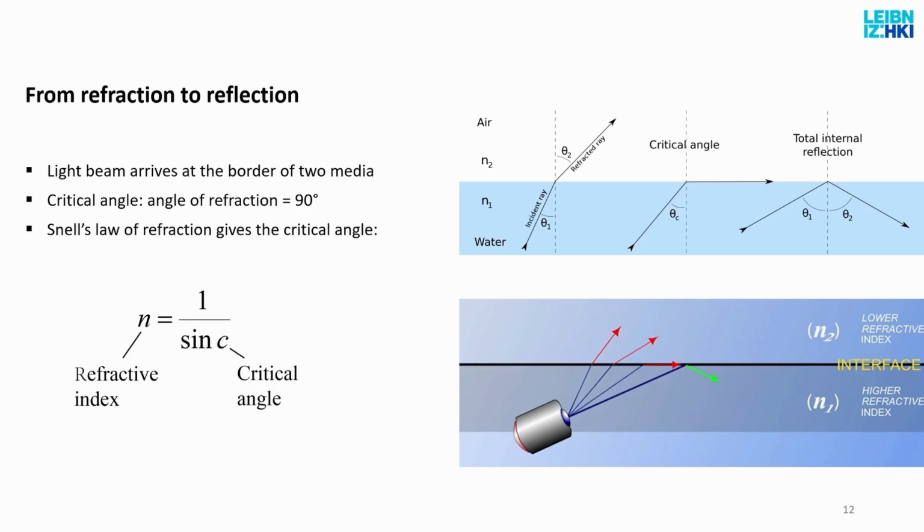But before we go there, one consequence I wanted to call your attention to is that when the light exits a higher refractive index material, which we can call optically more dense, because the n is above 1, for example, it exits from glass to water, or from glass to air, it will bend away, as I mentioned. But that also means that there is an incoming angle at which the exit angle is 90 degrees.